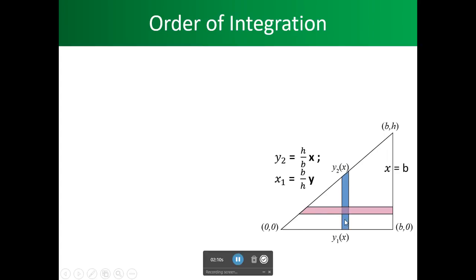You're just taking this little sliver and doing that all the way across.